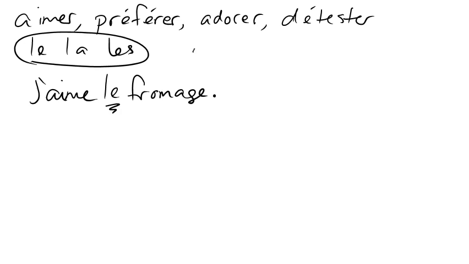So instead of it being de fromage, which means I eat some cheese, we're not using some. We're not using which means like I'm having a whole block of cheese, which I have not ever had in one sitting. It just means I like cheese in general. So, you see the difference?